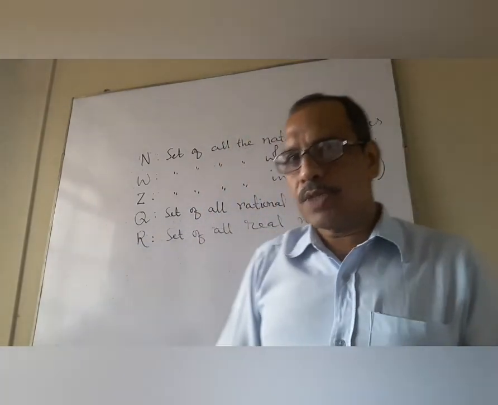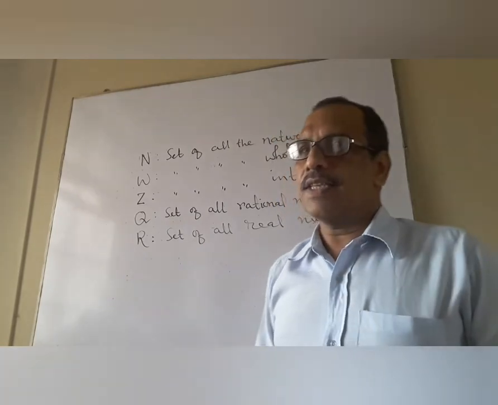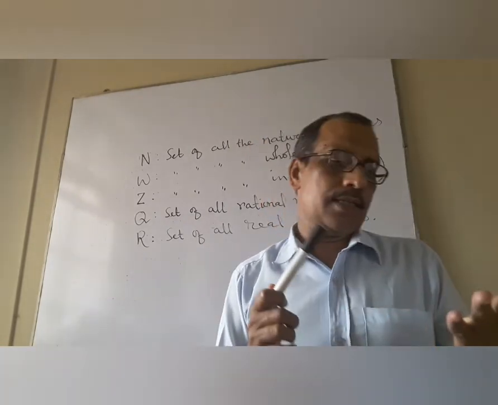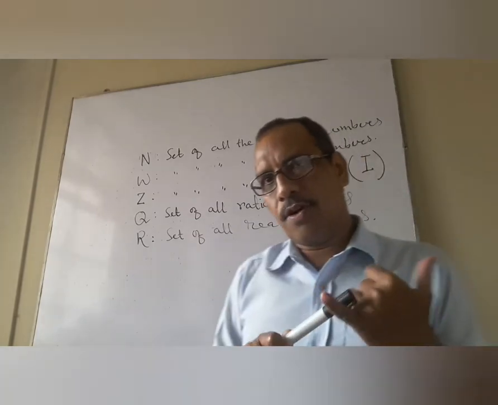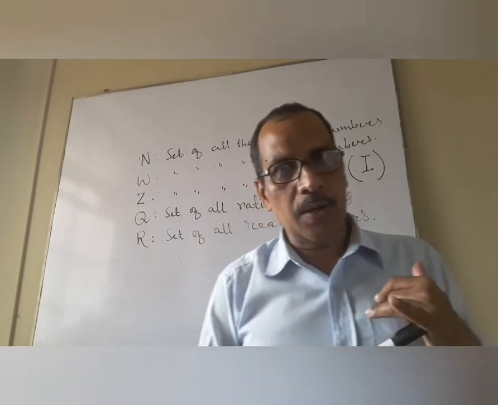So in today's class we have learned what a set is, then representing a set in two different ways. One is tabular form or roster form, where all the elements we have to write one by one.